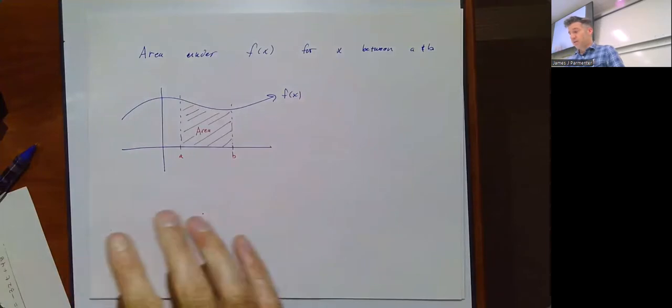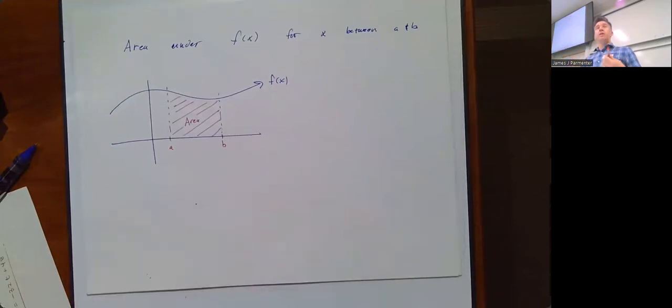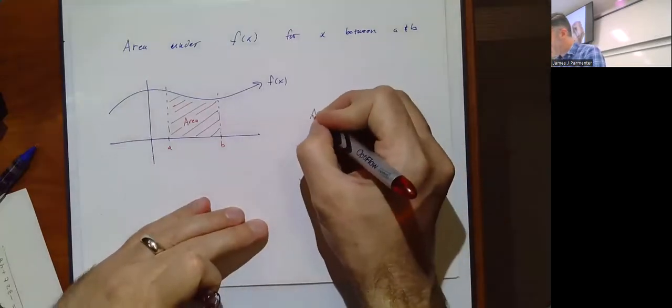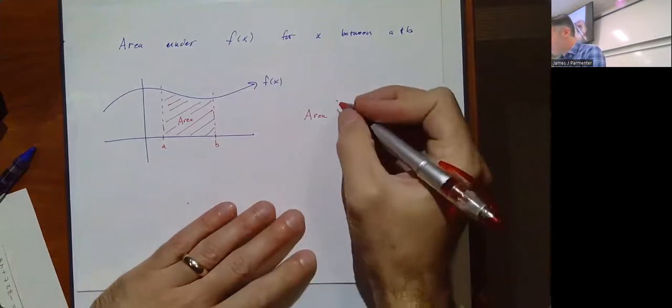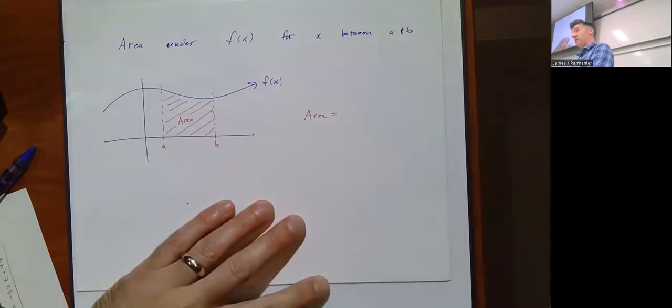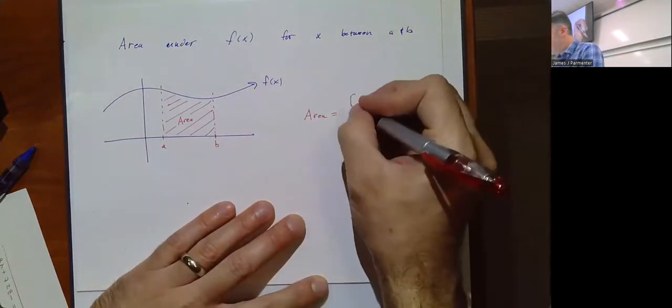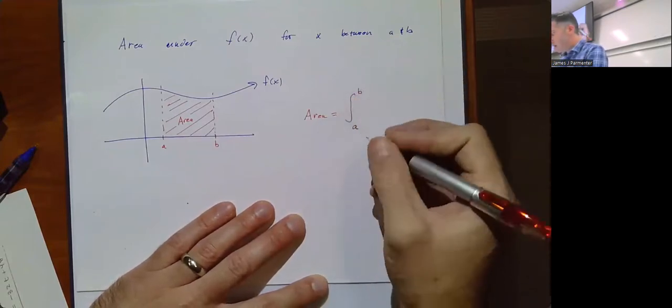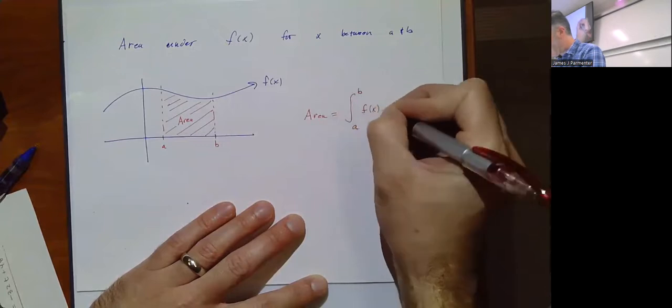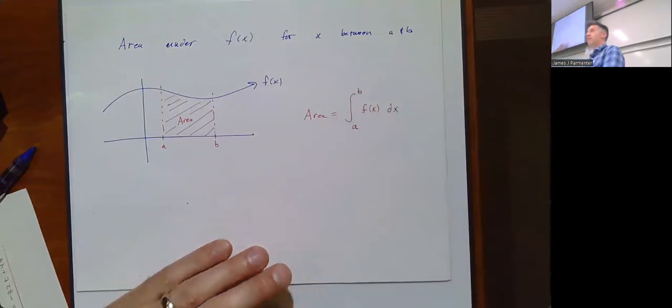So the thing about this is we use the integral notation to represent this. So the area under the curve of f of x and above the x-axis between a and b is equal to what's called the definite integral. It is the integral from a to b of the function with respect to x.